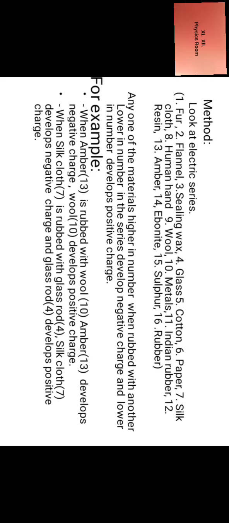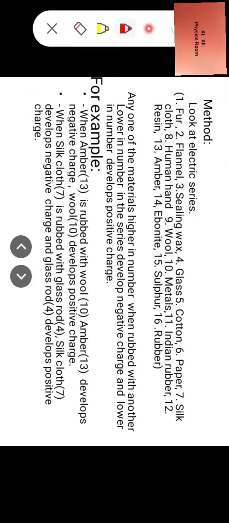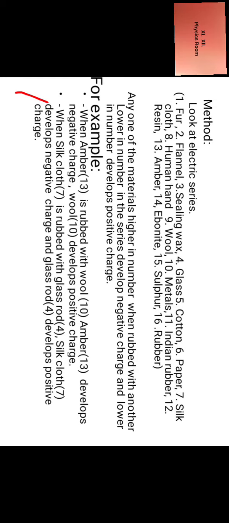Similarly, when silk cloth, serial 7, is rubbed with glass rod, serial 4, silk cloth develops negative charge and glass rod develops positive charge. This is how you can establish the charges developed on every material when they are rubbed with each other in intimate contact.